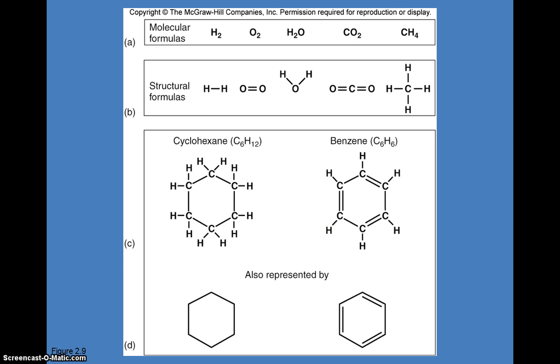It's incredibly exciting. But just know that when we look at this representation, what this ring means is this is a ring of carbons. So again, we're just looking at a large structural formula of a molecule. And all of these here are bonded to hydrogens.